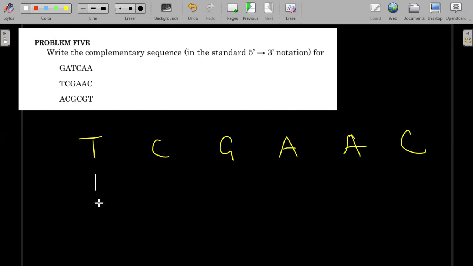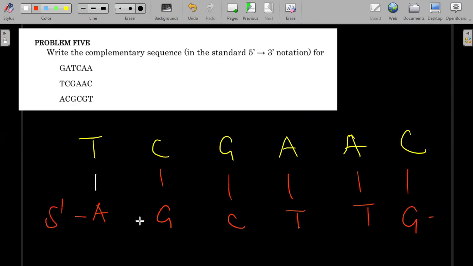For the T, the complementary base pair is A. For the C, it is G. For the G, it is C. For the A, it is T. For the A, it is T again. And for the C, it is G. So this one here is from 5' to 3'. That's what we have there.